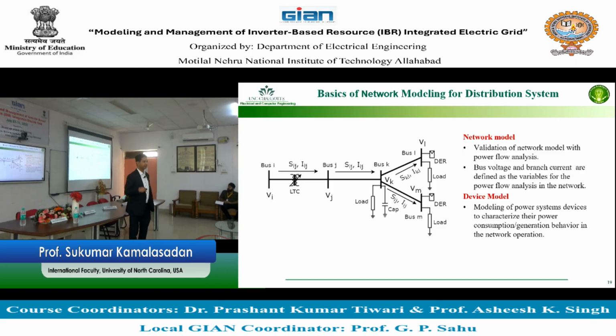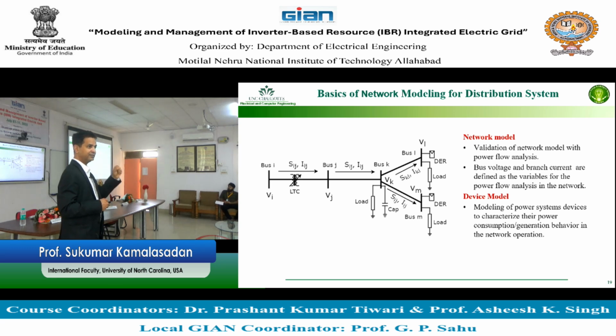In the distribution network, your goal is to maintain the voltages properly. Why do you want to maintain the voltage properly on a distribution network? Because there are a lot of loads connected on the distribution network, so as the loads are connected, the voltage will start changing. So you look at what devices actually do the job of maintaining the voltage properly.